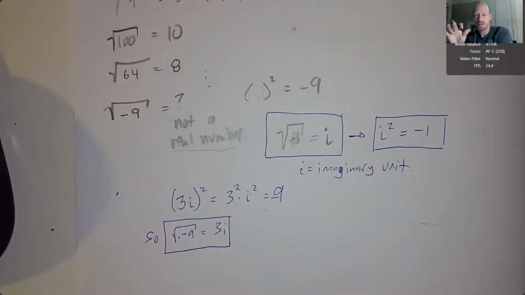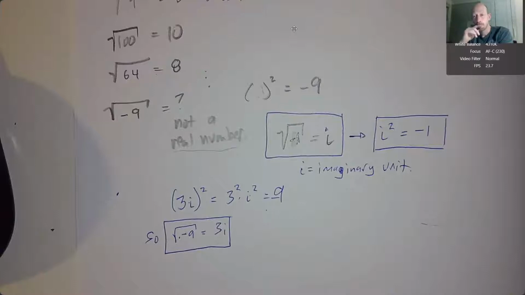Does that help with that original question? I think it was the square root of minus 100. Since it has a square root of a negative, that's going to be an i, and then the square root of 100 is 10. So that would give us 10i.